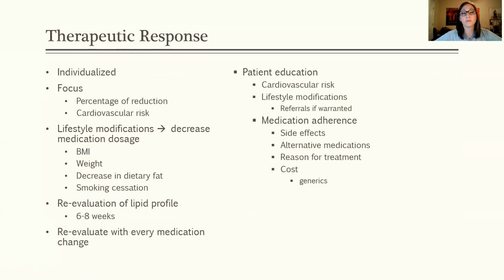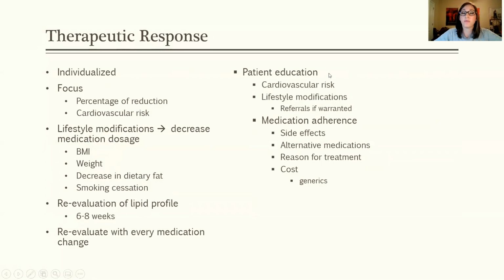After a year of treatment, as long as the patient is responding well to the therapy that they are currently on, they can be decreased to reevaluation every 4 to 6 months.